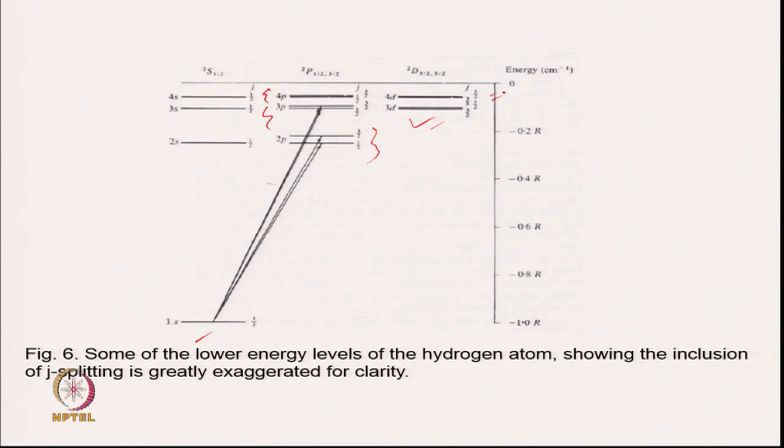The splitting, the gap between the split energy levels, will be higher for 2p, lower for 3p and much lower for 4p. If you go this side, the splitting will be smaller for 3d in comparison to 3p or 2p, but if you go up, the gap for 4d will be smaller in comparison to the gap for 3d.